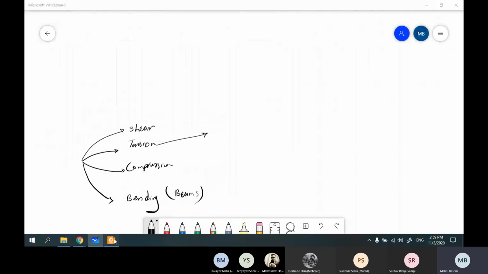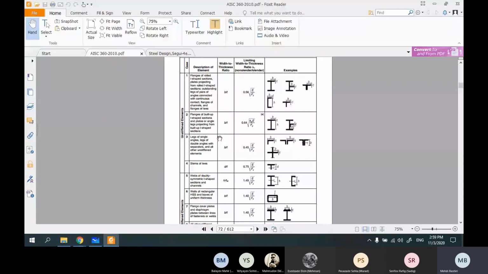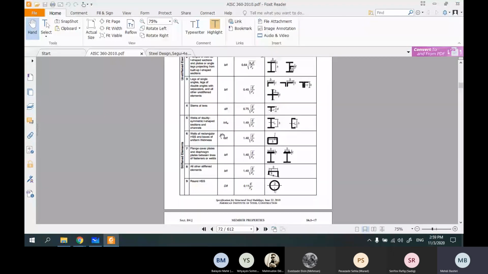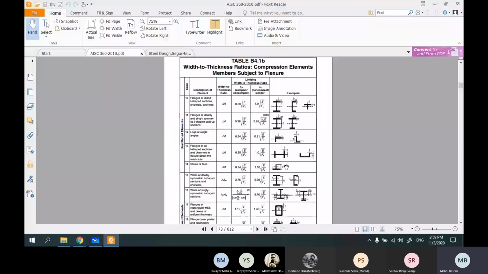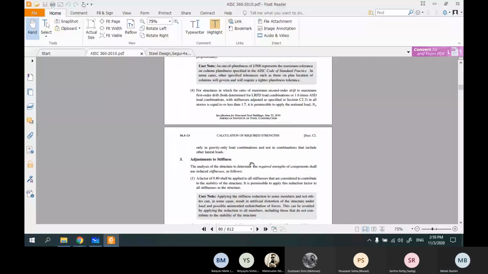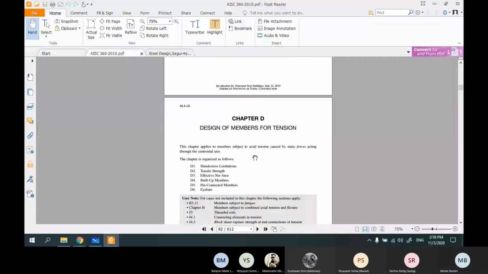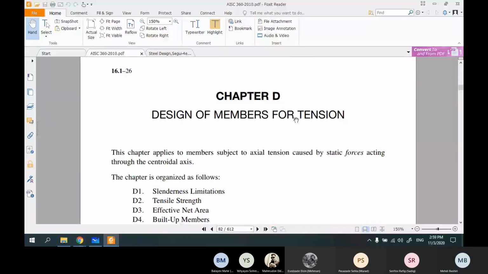Okay, first we start with tension, or the members under tension. When we want to design or check the capacity of a member, we have to find its chapter, and for the tension member, it's chapter D. Chapter D, design of members for tension, of AISC 360.